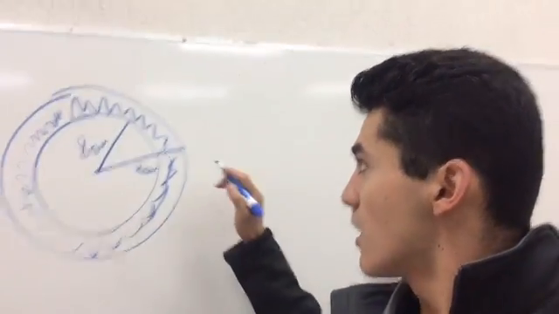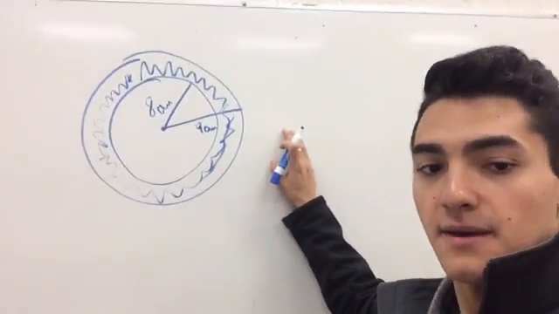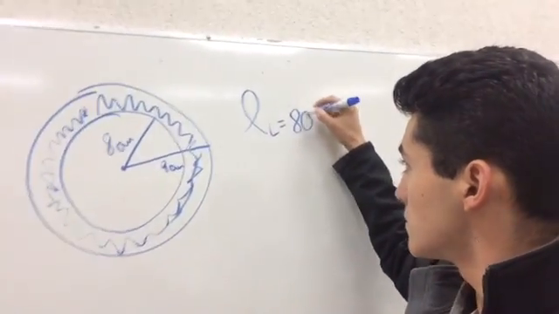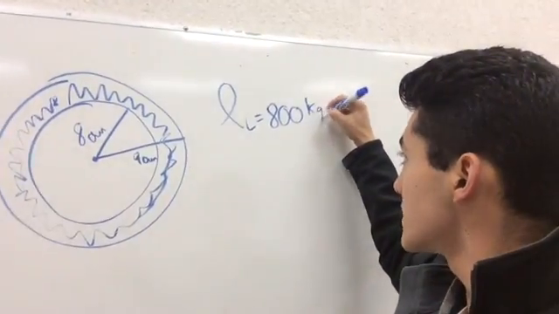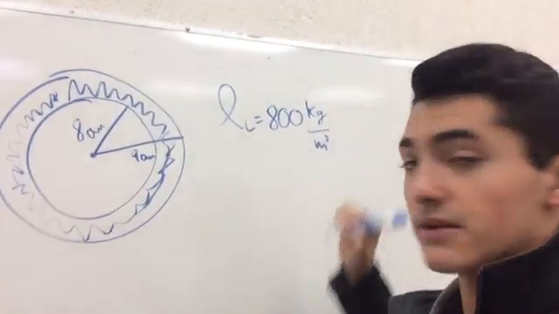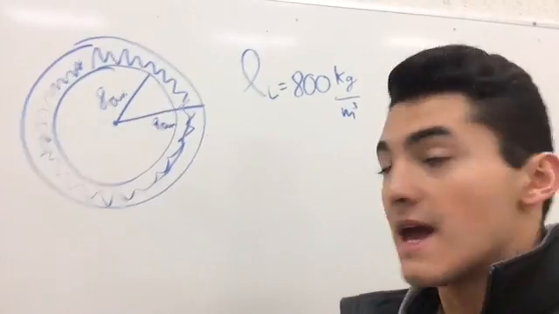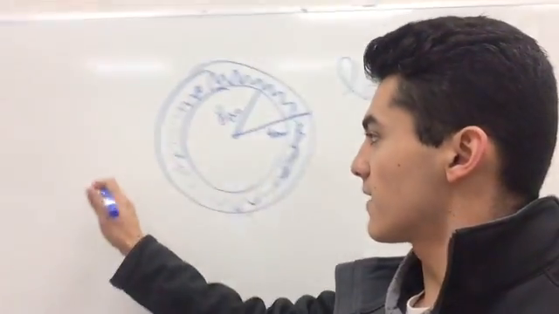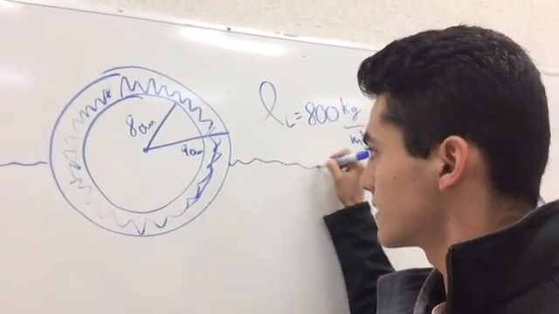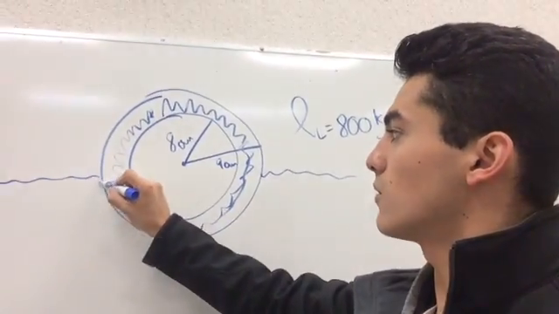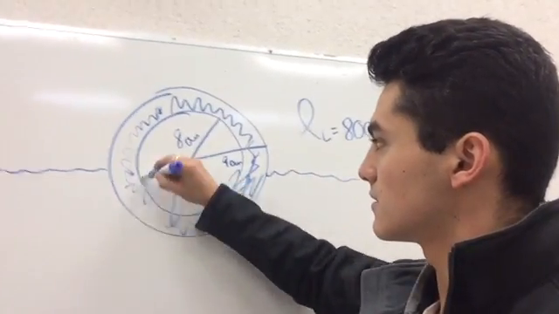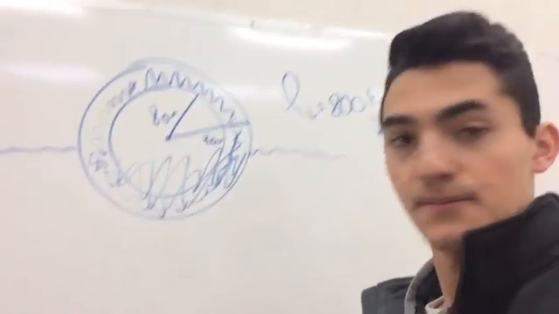So, we also have the density of the liquid, equal to 800 kilograms per meter cubed. And we know that the sphere is halfway submerged, so only this part is submerged inside the liquid.